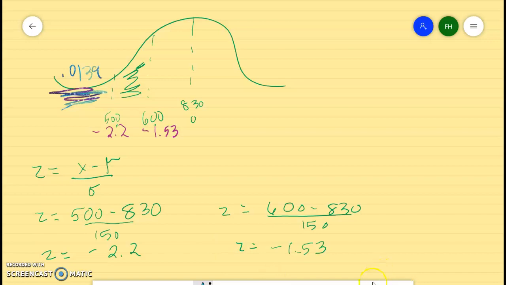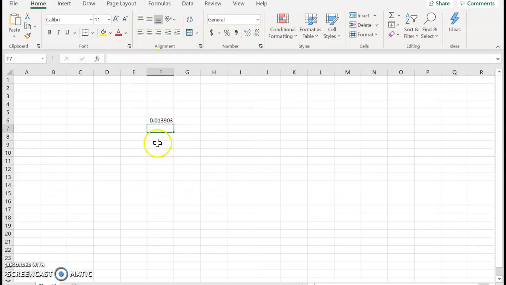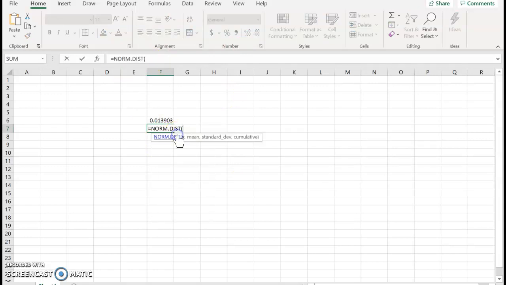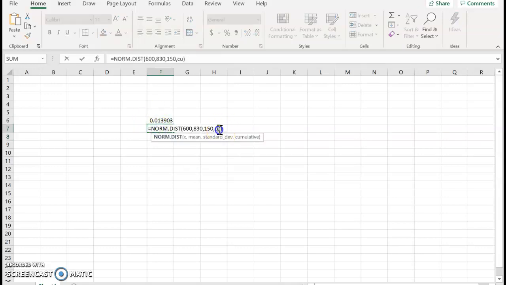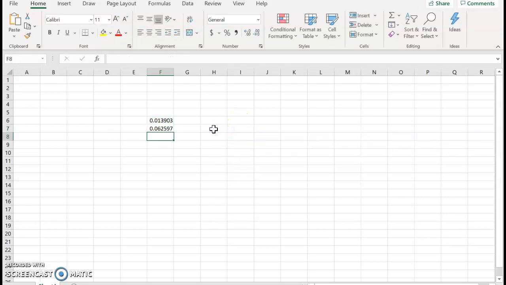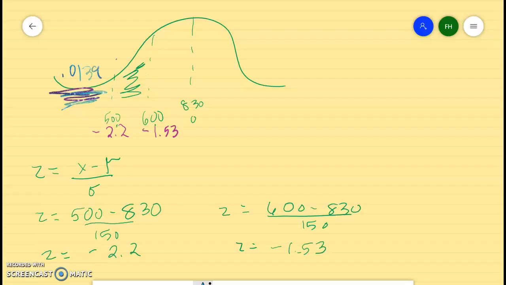Now let's do the 600. x is 600, the mean is 830, the standard deviation is 150, and it is cumulative. That gives 0.0626.